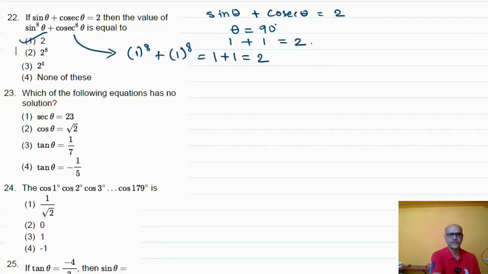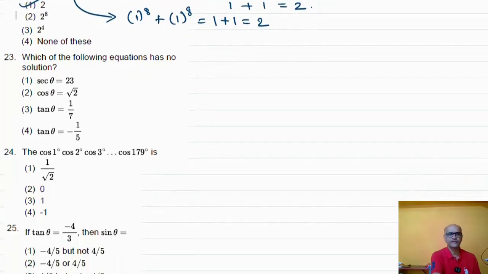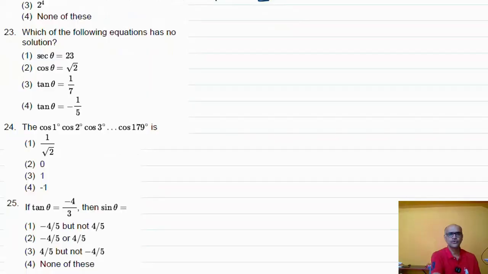Next one. Which of the following equations has no solution, or which one is wrong? So first, option 1: secant theta is 23. Taking the reciprocal, cos theta is 1 by 23. This is less than 1. The value of cos will be less than or equal to 1, so it has a solution.